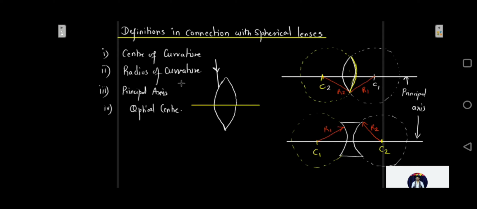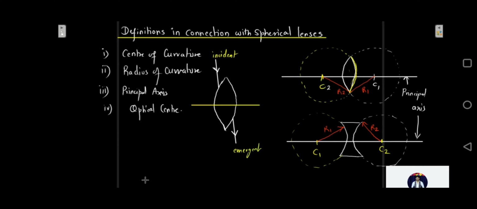After refraction through the lens, the emergent ray is parallel to the incident ray. So the emergent ray which is going to come out of this lens, let's say it is exactly parallel to this incident ray. This is my incident ray and this is my emergent ray. Emergent ray and incident ray are both parallel to each other.